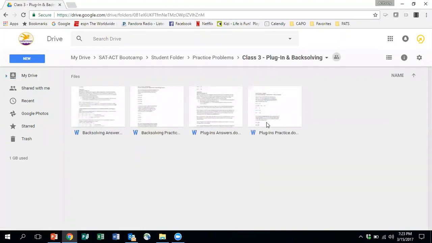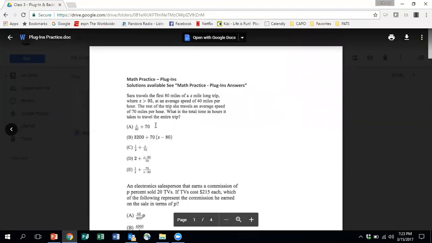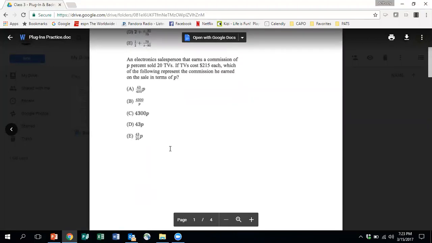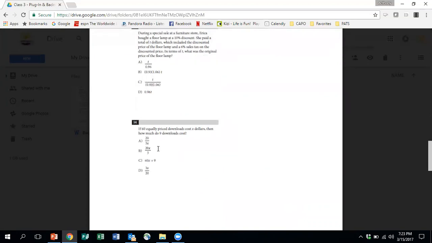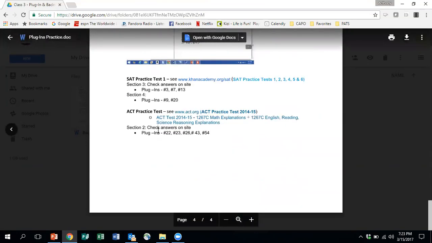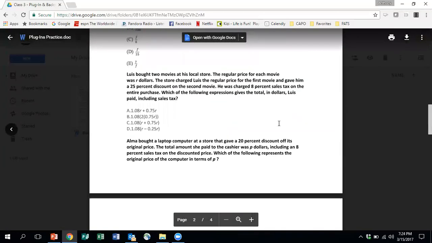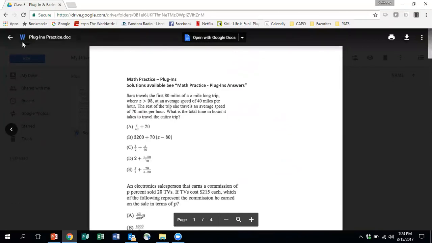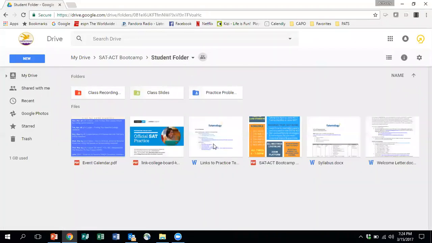Open them up, and look, got some problems in here. This one we did in class, so you don't have to do it. This one we did not do. We didn't do any of the other ones. Then I refer you to the SAT practice test 1 and the ACT practice test, so you would actually go and do that. That's what I want you to do. I'm not going to check it. That's on you guys, okay? And then here are the links to the practice tests. If you need to watch the recording, head to the recording, okay?